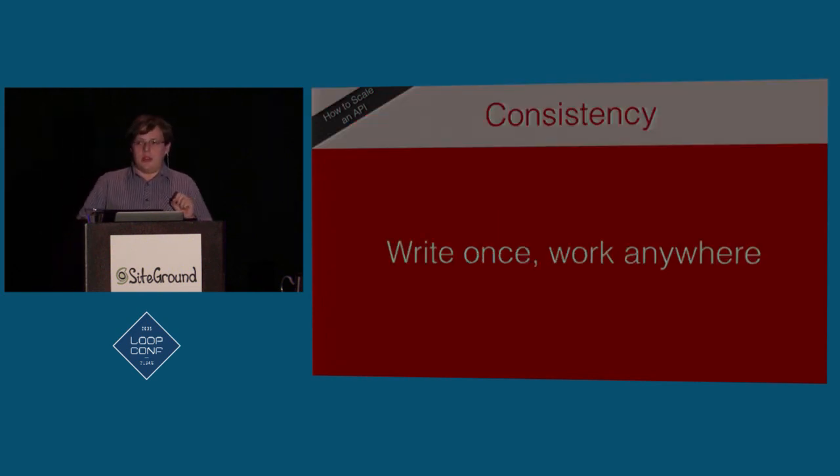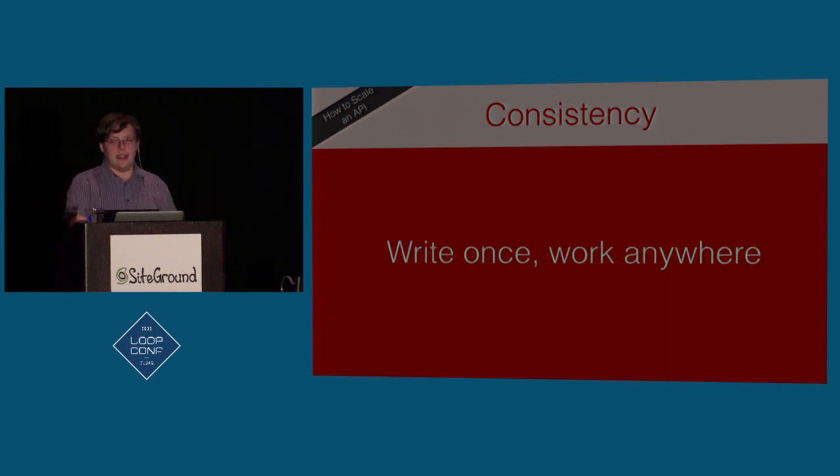So the aim with making the API consistent is you want to be able to write your clients once and have them work everywhere. So no matter what site you're connecting to, it should be consistent across the board. Obviously, in an ideal world, every site would just install the plugin and the API would look completely the same.